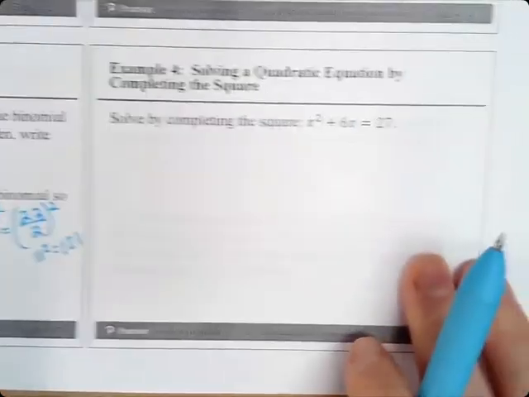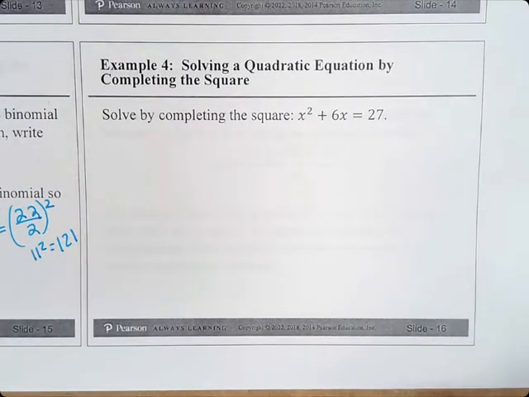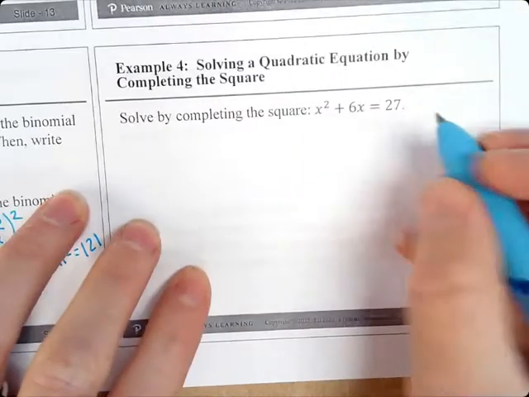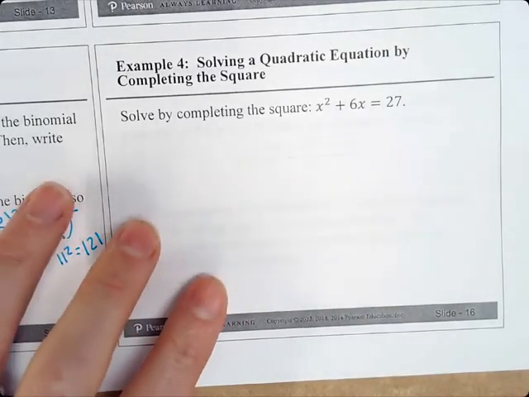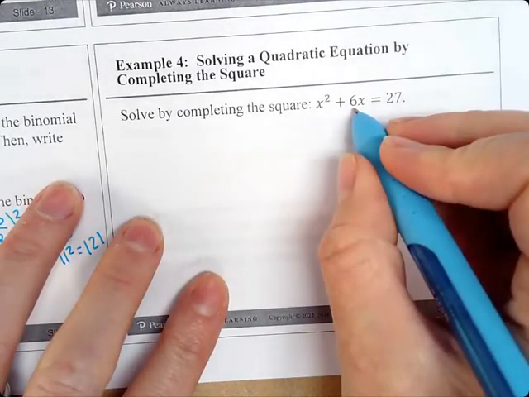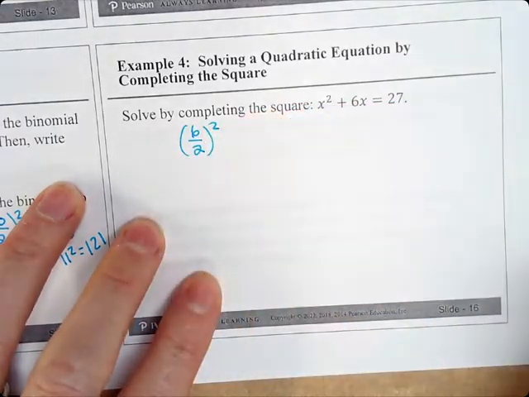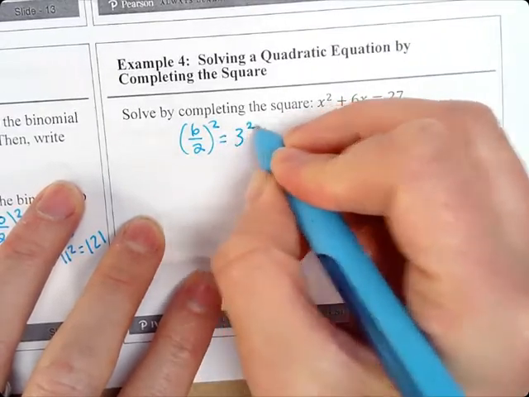So let's go over to this side. Example 4. We have x squared plus 6x, and we are going to add something to both sides to complete the square. So we would take 6, divide by 2, and then square it, which would be 3 squared, which is 9.